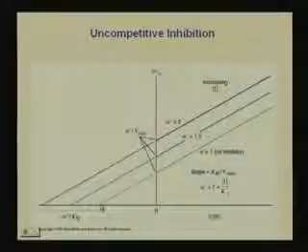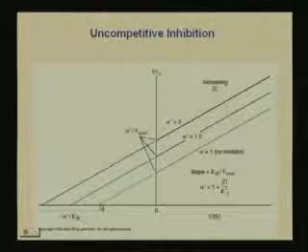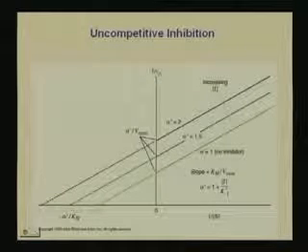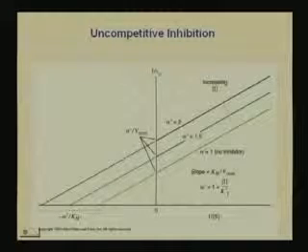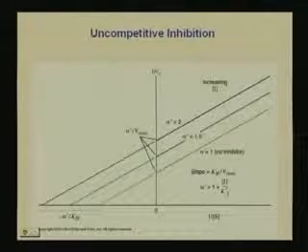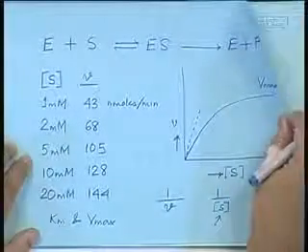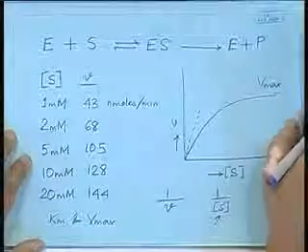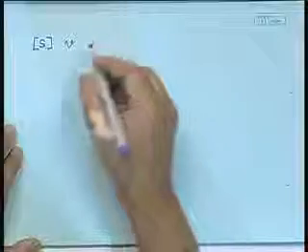Okay. Now, if we go back to the problem that we were doing in the last class, I gave you a set of V0 values and S values. So we got a series of S values and a series of V values. Now suppose we introduce an inhibitor here. So we have S values, we have V values for an uninhibited enzyme.